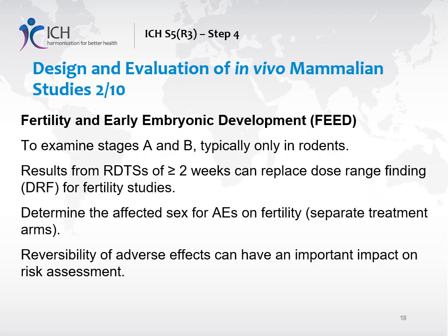This can be achieved using separate treatment arms within a single study or by conduct of 2 separate FEED studies. Reversibility of adverse effects on fertility and early embryonic development can have an important impact on risk assessment.